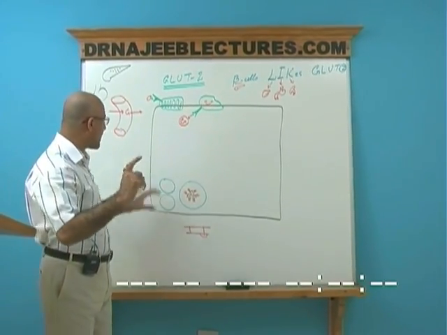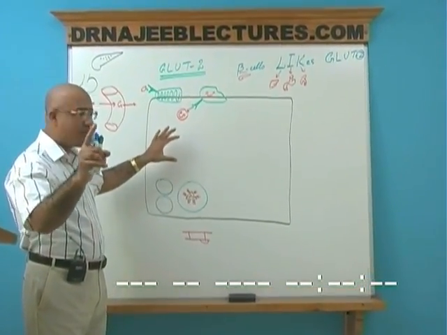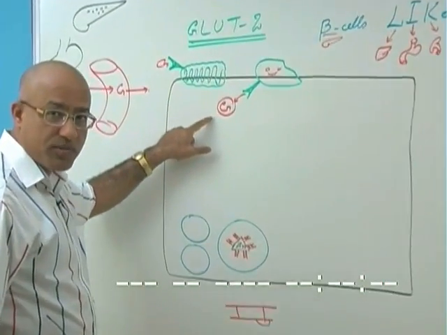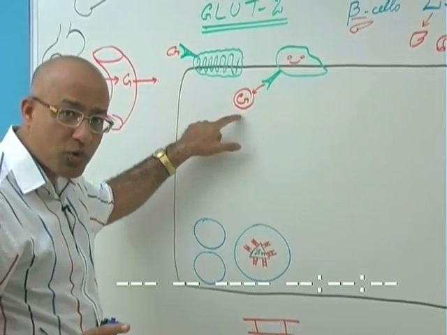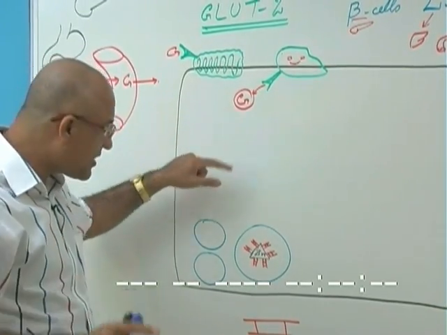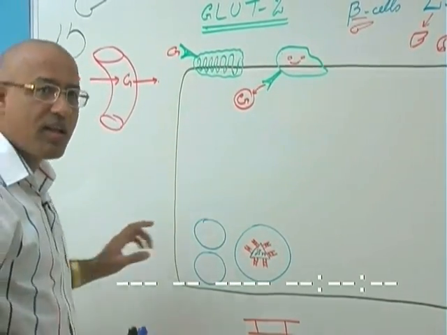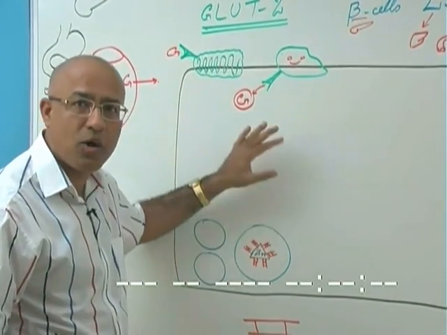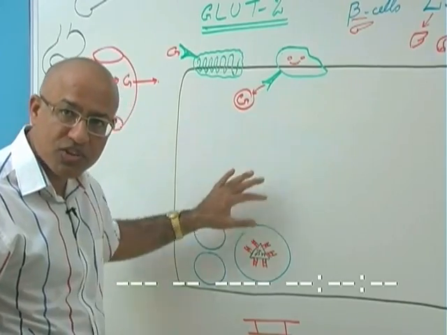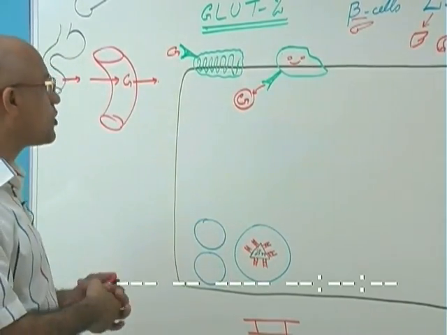Now let's come back. We have to develop the molecular events: entry of glucose in the beta cell should trigger the release of insulin. What happens in between? How does entry of glucose force insulin to be secreted? Let me tell you the mechanism.